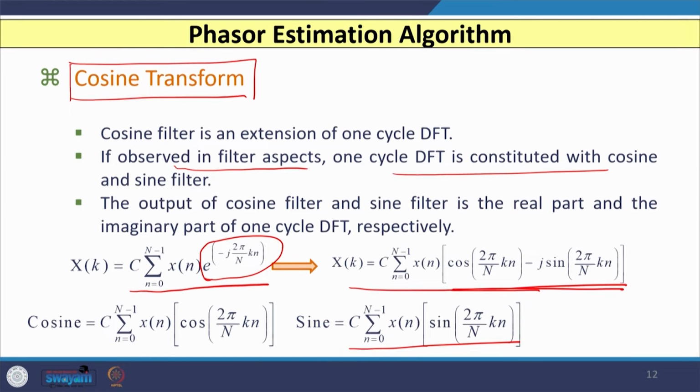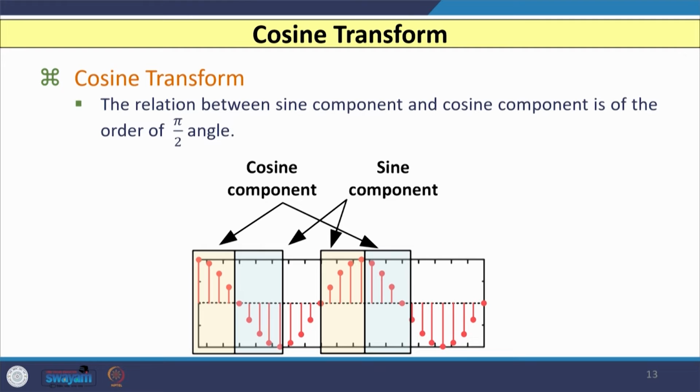Now, if I consider the wave shape of either the cosine wave or the sine wave, the relationship between the cosine and sine components exists in terms of an angle, and this angle is either pi by 2 in radian or 90 degree. You can visualize this from these two windows of different color.